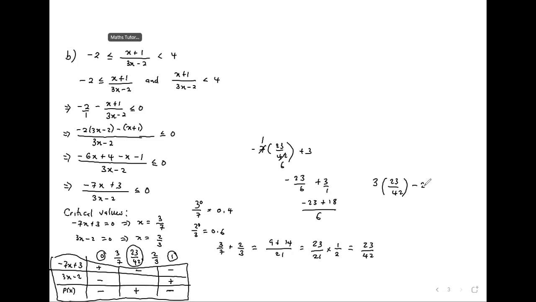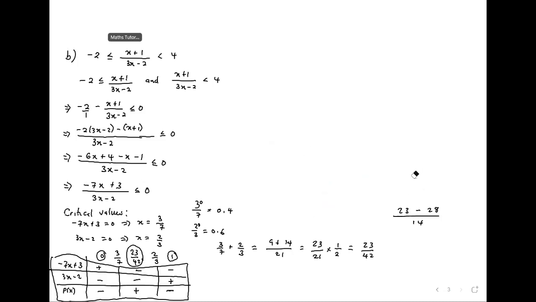This is 3 here 1, 3 here goes how many times? 1 there, 4, 14. So we get 14 down, and then 23 minus 28. So it's a negative. When you multiply the two negatives, we get positive. So after doing that, then we get our solution set now.